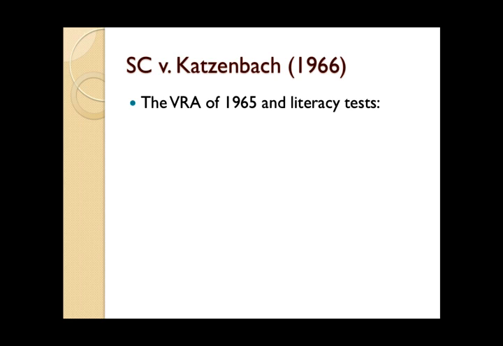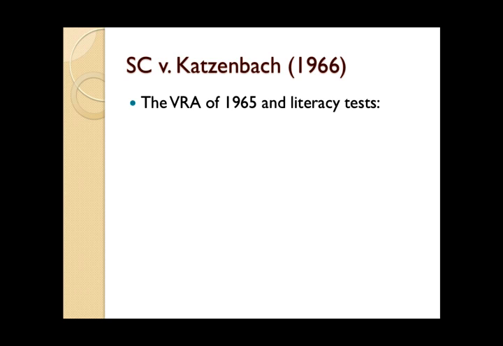So how did a state get covered? How did a state become subject to those three things? Well, that's discussed under the coverage formula. One of the ways that a state became subject to having that sort of federal oversight is if, this is the coverage formula, 1, it maintained a test or a device on November 1, 1964, and 2, less than 50% of the voting age residents were registered or actually voted in the presidential election of 1964.